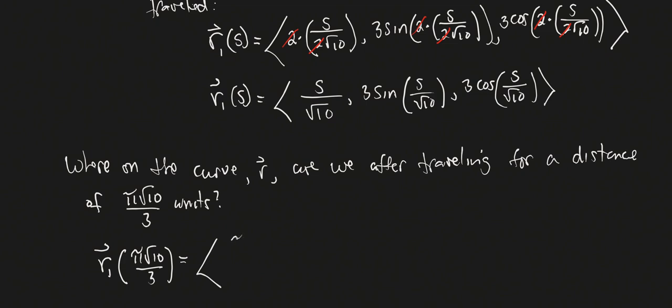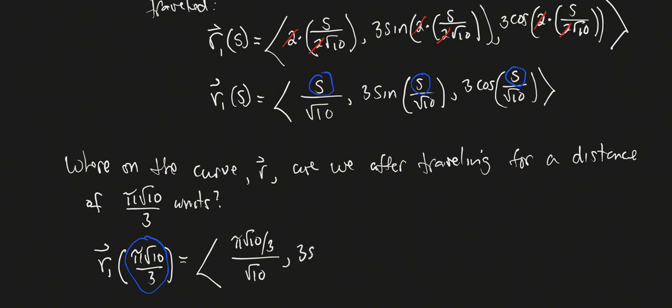So we have pi root 10 over 3 over root 10. Let me just circle these. All of these will be replaced with this, and then when we simplify, we will figure out where we are in space. What is our position?